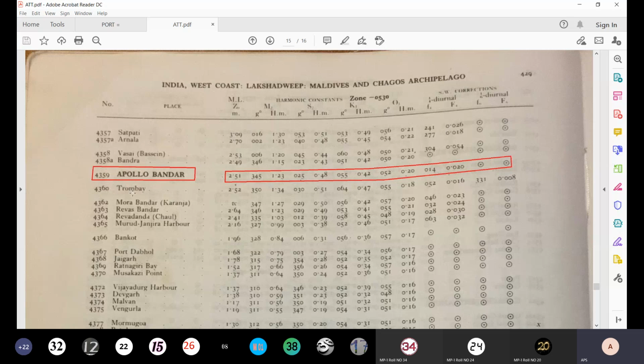Then 4360 Trombay. So all of it is Bombay only. Bandra is also Bombay, Trombay is also Bombay, but the number will identify which part of Bombay. So 2.51 we got from the first column.